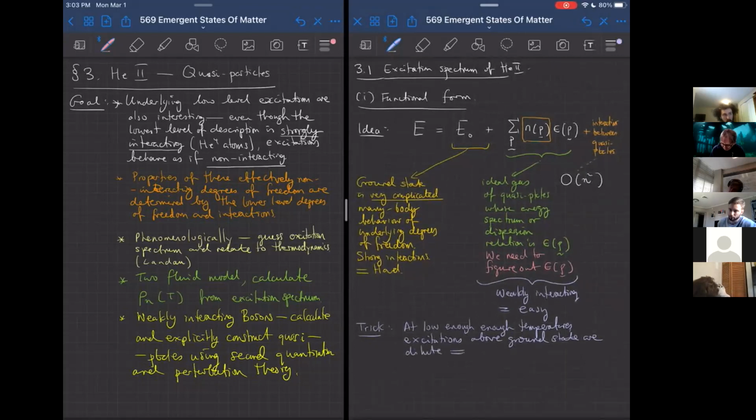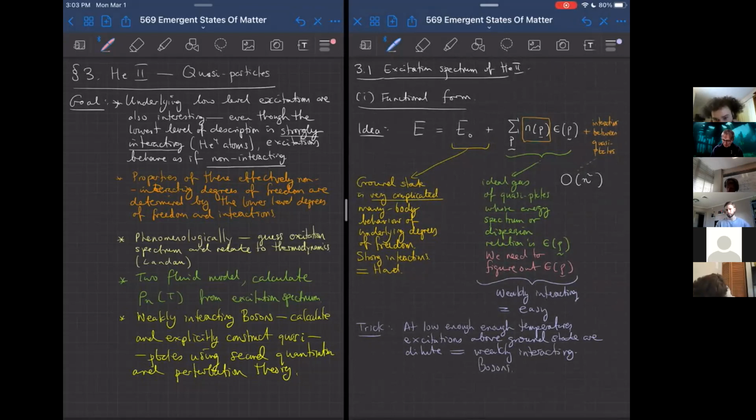And so therefore weakly interacting, because they just scatter very occasionally. And because we are dealing with bosons, these are going to be weakly interacting bosons.